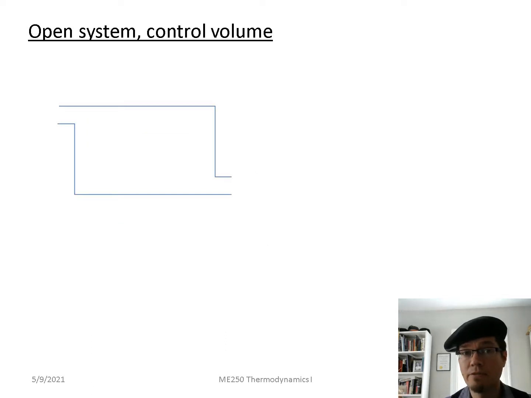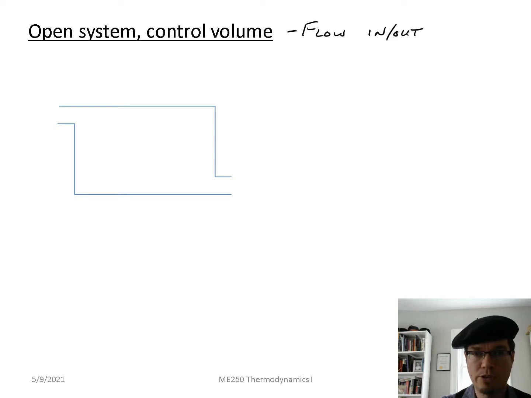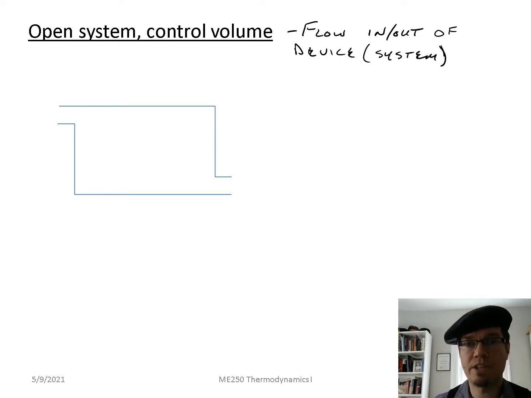In comparison to a closed system, an open system or a control volume is obviously different. It is different in that we can have flow in or out of the device, which means we can have flow in and out of the system that we are using to model this device.